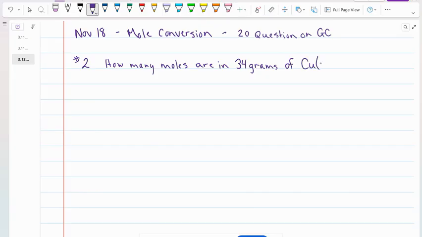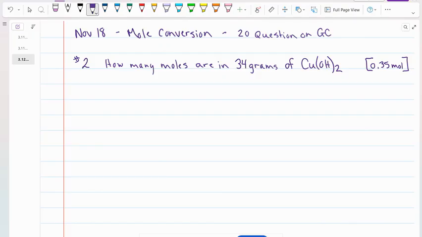And it's copper 2 hydroxide, so therefore it has 2 hydroxides. Now right beside it, it tells you what the answer is. So that is 0.35 moles. But how do we get there? And that's what we're going to look into right now.